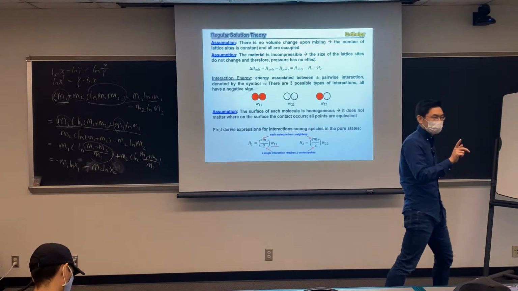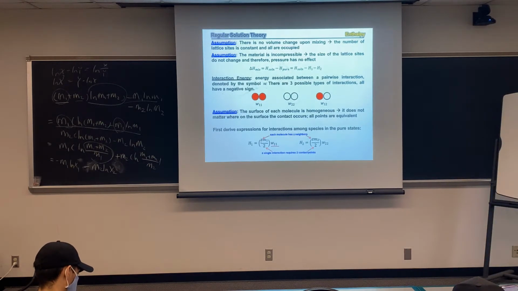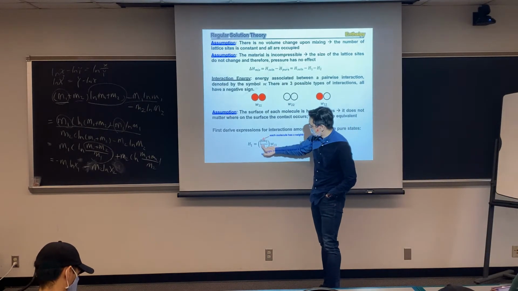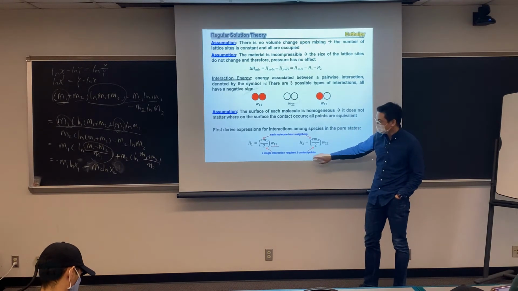I count my interaction with Penelope, but when I count Penelope's interaction, it means me. It's the same, but we duplicate. That's why this needs to be divided by 2. We always have a 2 because the interaction requires two contact points.